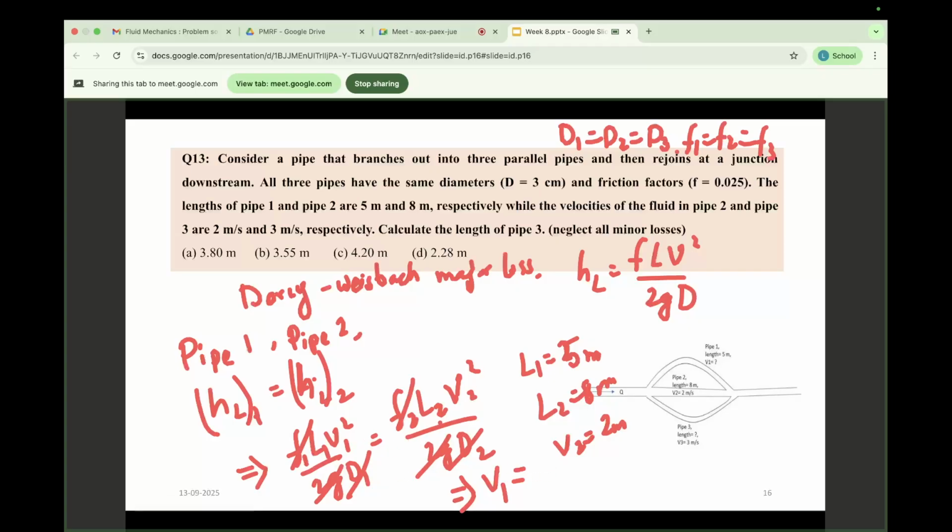V1 is root of L2 by L1 into V2 square. So I am getting V1 as 2.53. Now I got V1, right? Also I have V2.